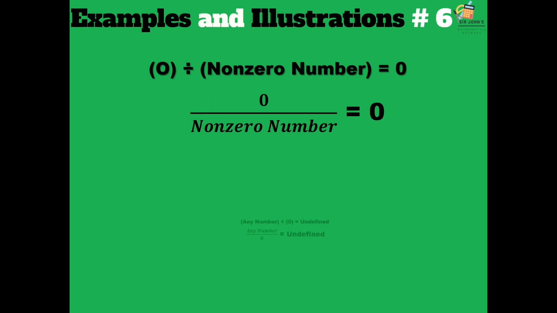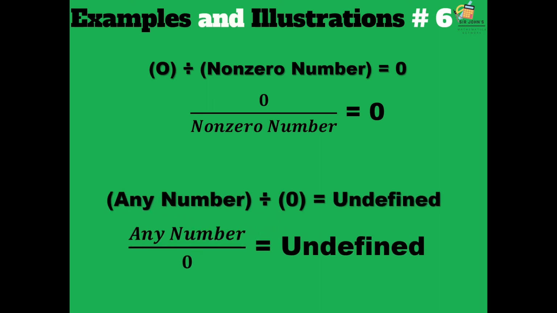Another one, always remember that any number divided by 0 is undefined. Let's say for example, negative 10 divided by 0 or positive 1000 divided by 0 and 0 divided by itself or 0 divided by 0 is always undefined.